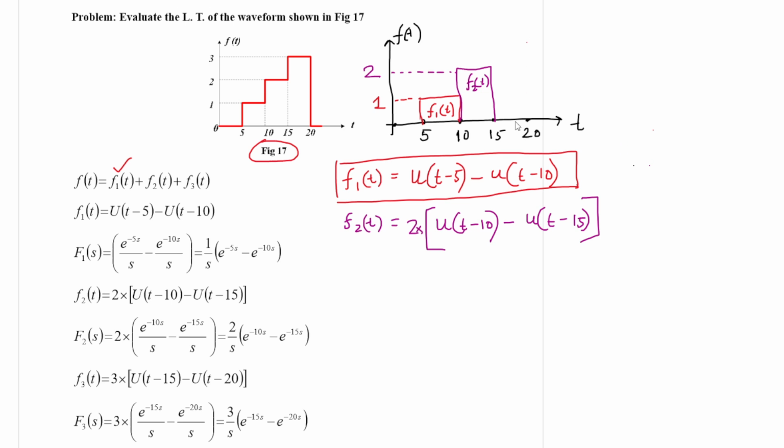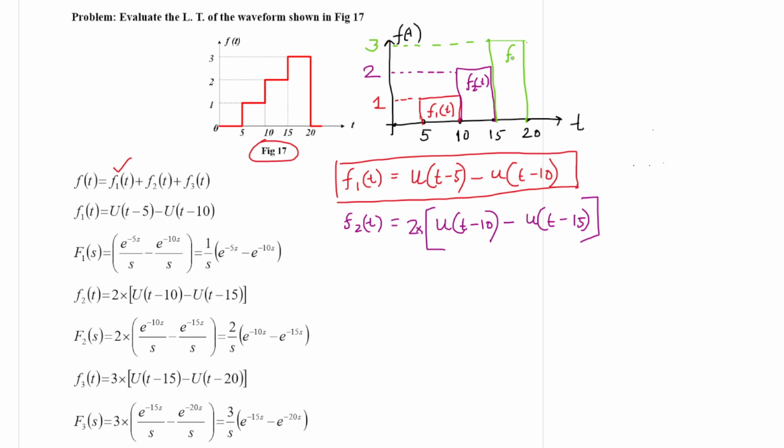Okay, similarly if we consider the third zone, it is from 15 to 20. So we have another gate function something like that, and this magnitude is 3.